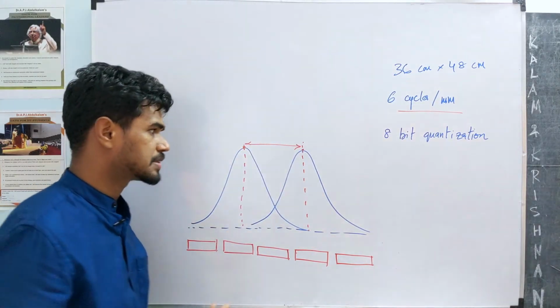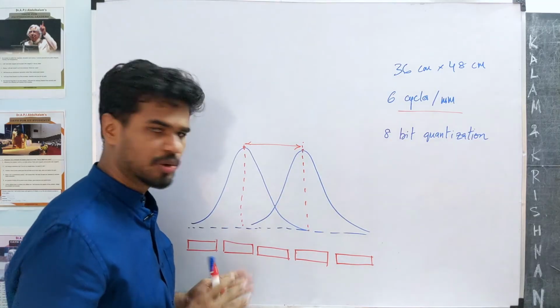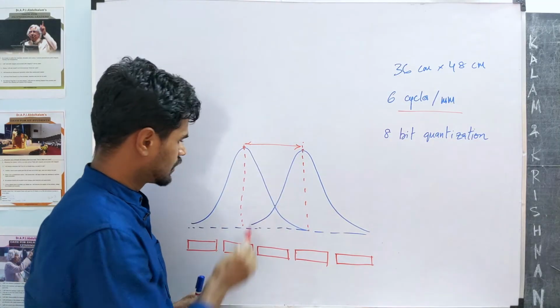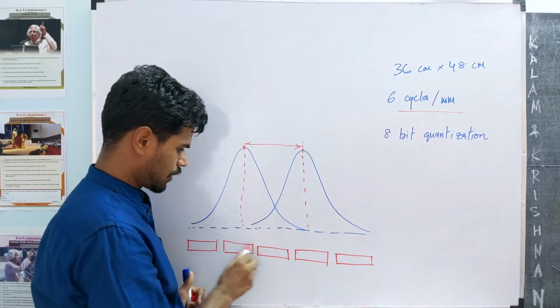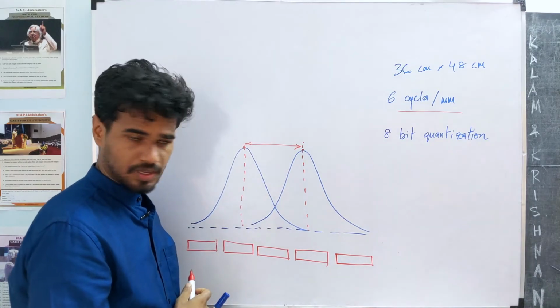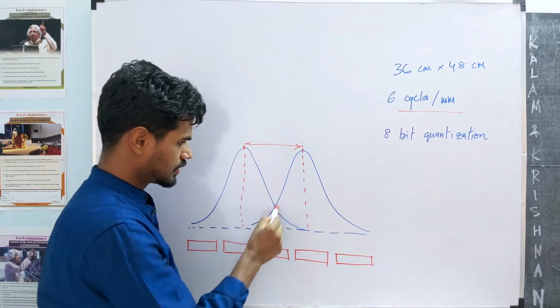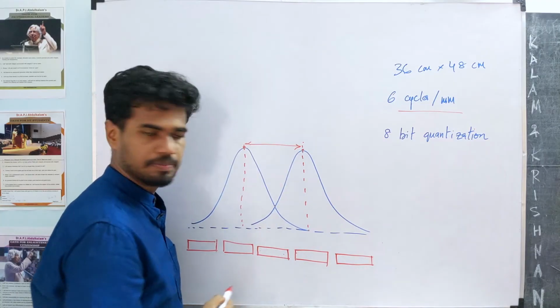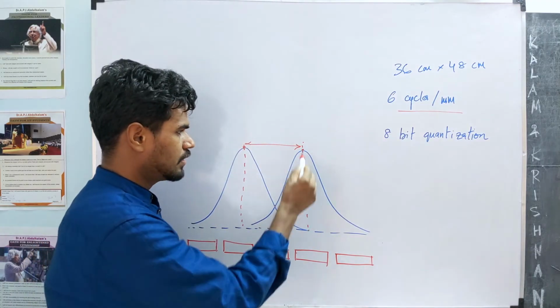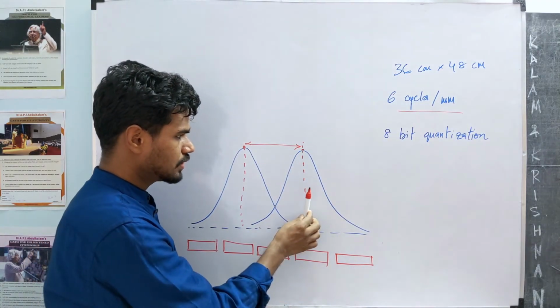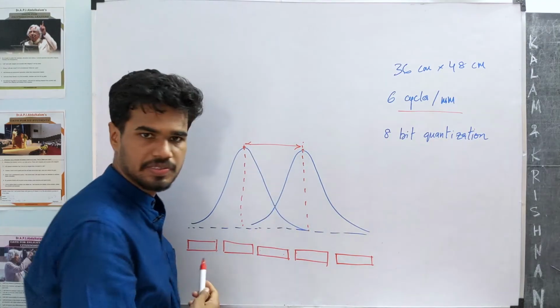How do you find the number of pixels? I'm going to make this very informal. For this peak, we need 1 pixel, right? And for this dark spot, we need another pixel. And again, for this peak, we need another pixel.